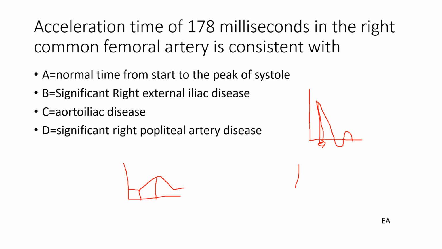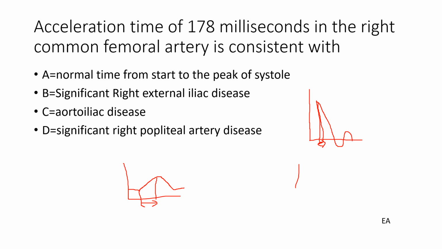We have time on the x-axis, so acceleration time is this part. Between these two, the acceleration time of this wave is very short and is normal. But this one is much longer than 133 or 100 milliseconds.